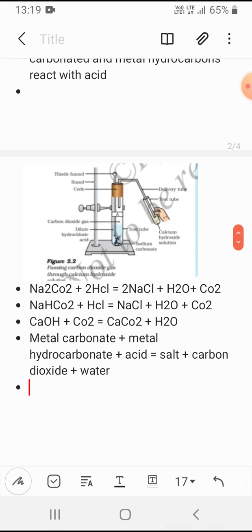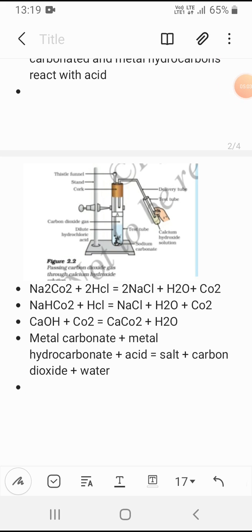When a metal hydrogencarbonate or metal carbonate reacts with acid, the common thing we get is one salt, one carbon dioxide, and one water, whatever formula they give in the exam.